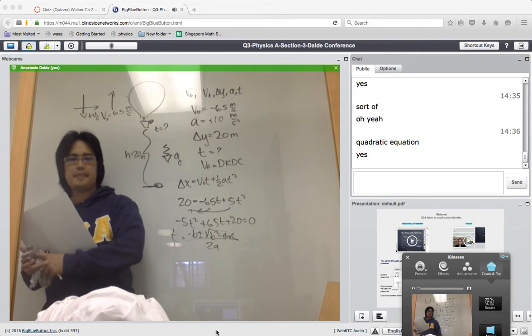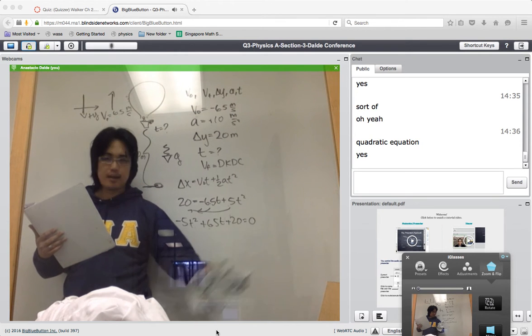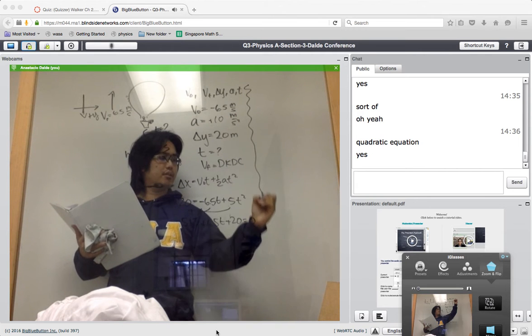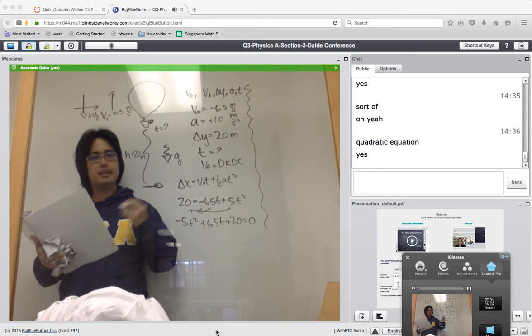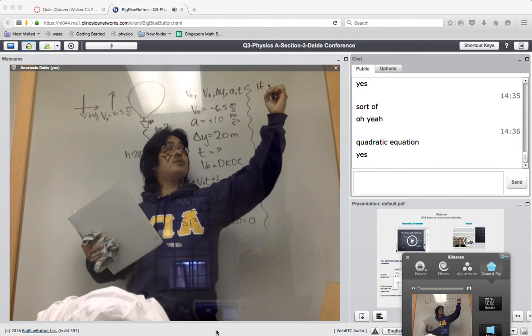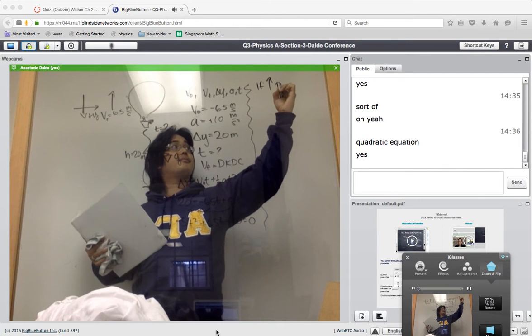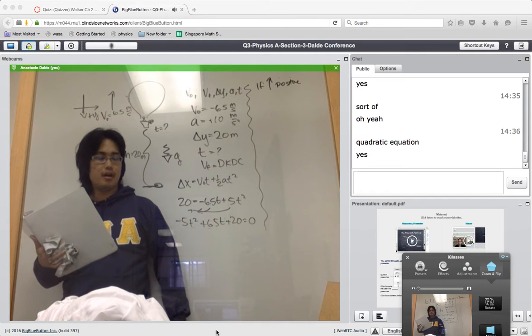Okay, let me address this thing real quick before I solve it, and I'm going to plug it into the quadratic equation. But before I do that, I'm going to put a little squiggly line here, and I want to show you something that I think might be interesting. What if we called up positive? What happens if we called up positive?